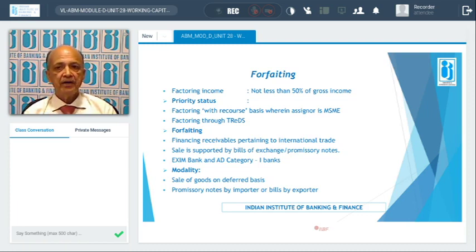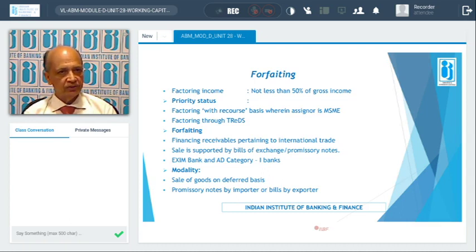First of all, remember that it is for international trade, and the sale is supported by a bill of exchange or promissory note.